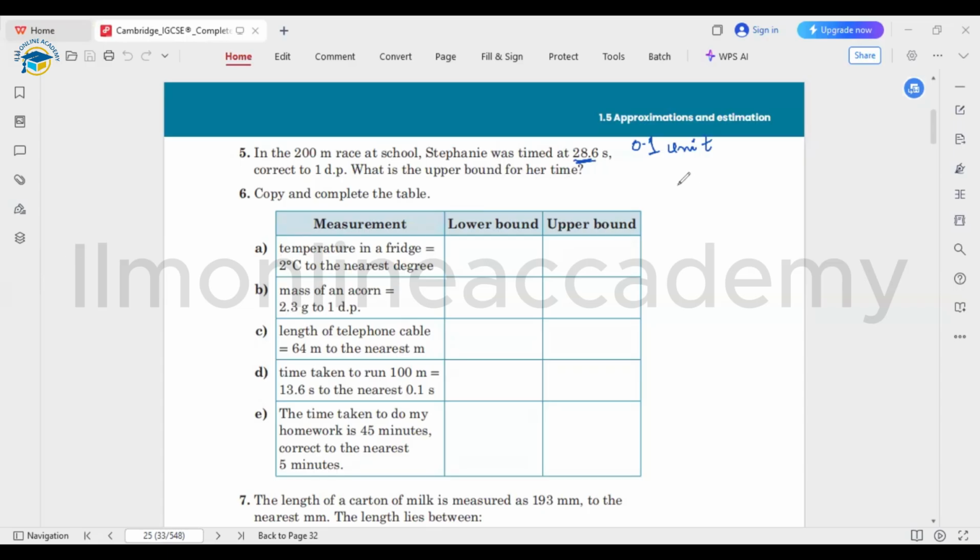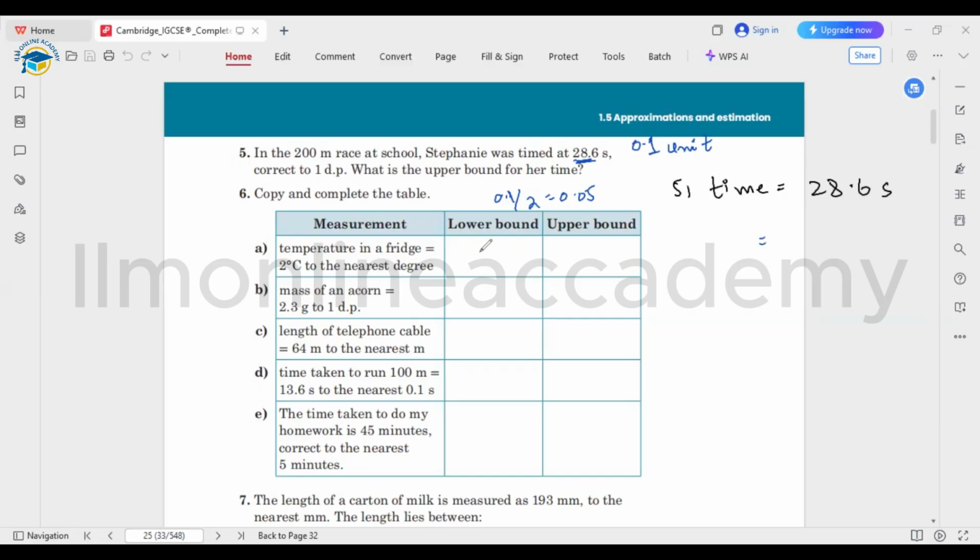So we have the time that Stephanie used, that is 28.6 seconds. As the unit they give is 0.1, and half of 0.1 is 0.05, it means we need to use 0.05 over here.